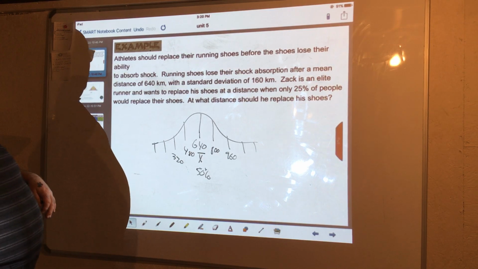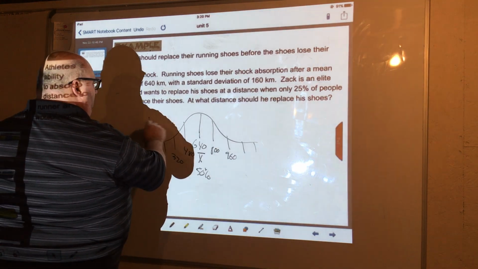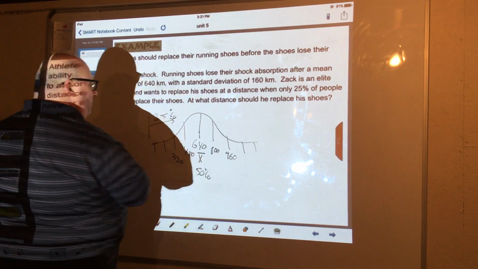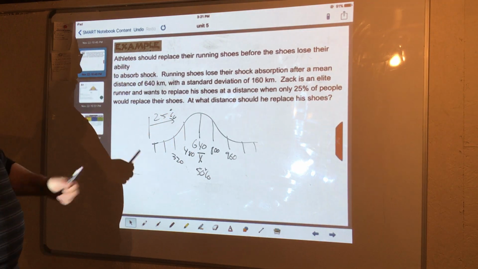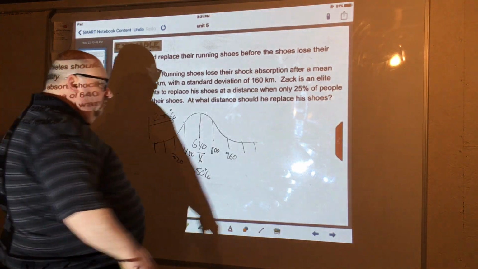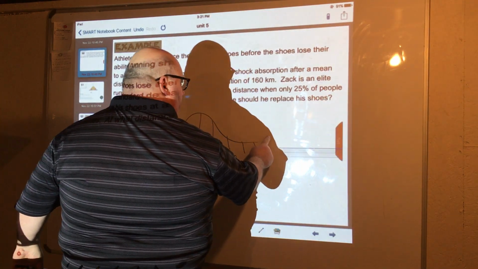He wants to find 25%, where 25% of the people would replace their shoes, okay? Well, 25% of the people, so that would be somewhere in here, right? 25% of the people, this way. Before these people. So, let's pull this out so I don't have to keep drawing all this.